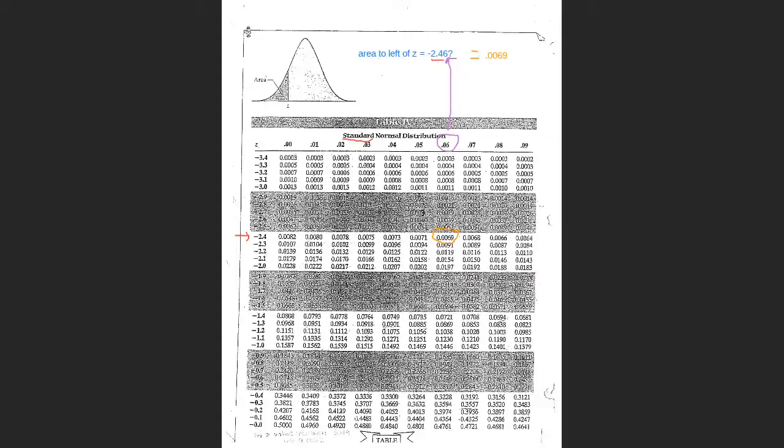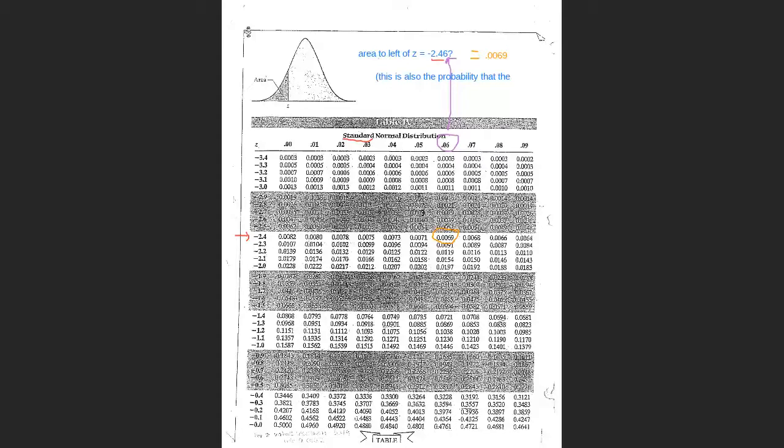So this is the probability that the z-score is less than negative 2.46.